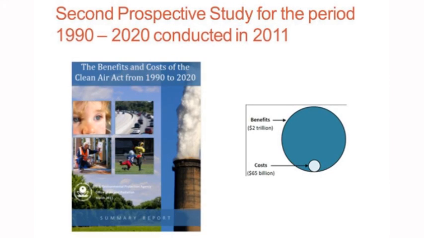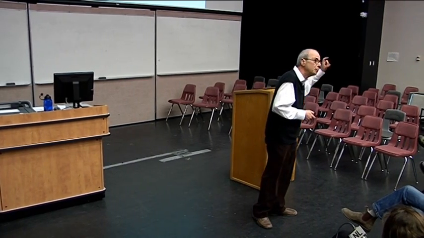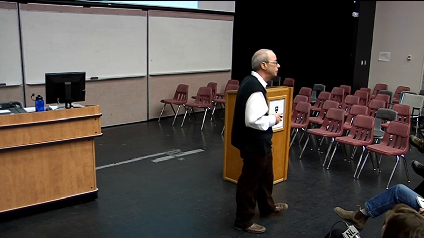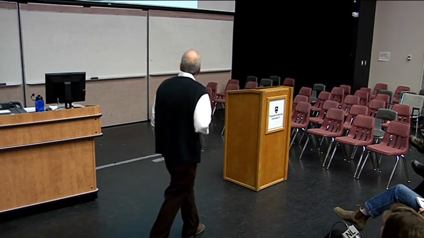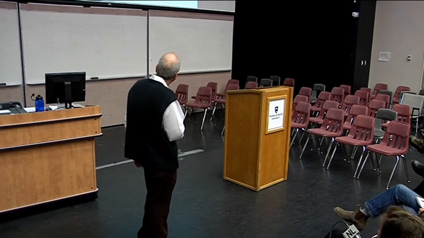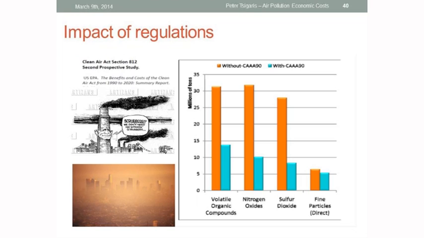Second prospective study: they did another study in 2011, and I showed you the benefits were 2 trillion and the costs were 65 billion. Well, what did they attack there? In 1990, they said we're going to attack smog. We're going to attack also sulfur dioxide because we want to attack this acid rain problem that we have. And they used permits, actually, and they did a good job. We don't talk about acid rain a lot anymore. And they didn't attack too much the direct fine particles, because there are indirect particles coming out.